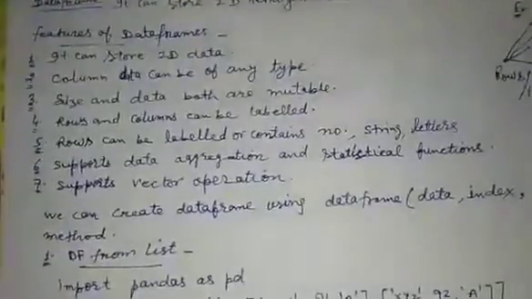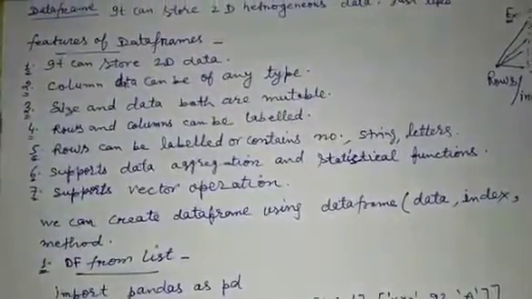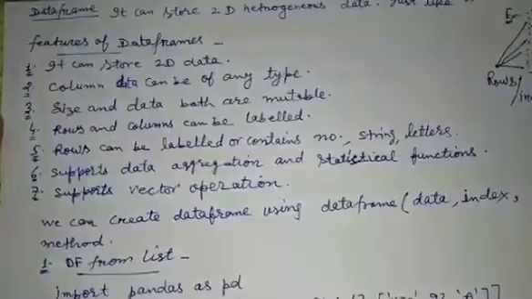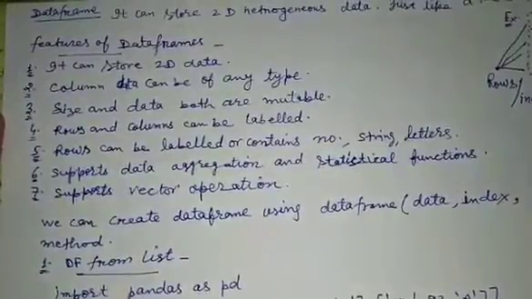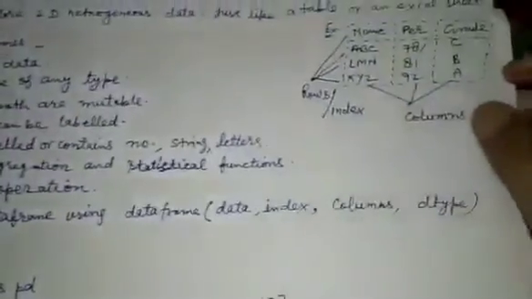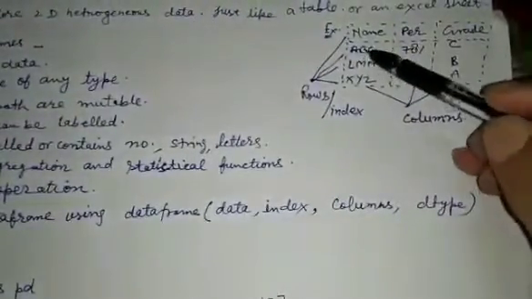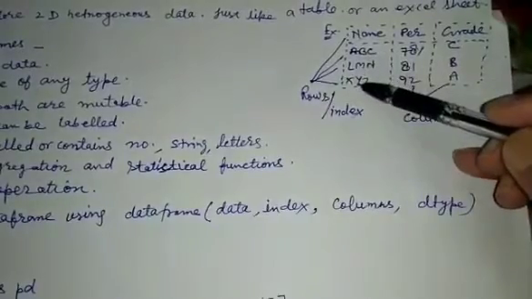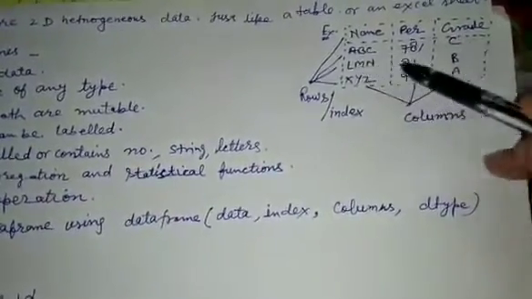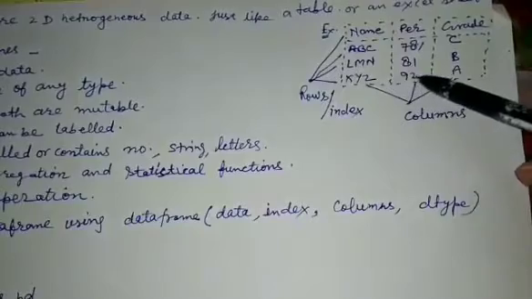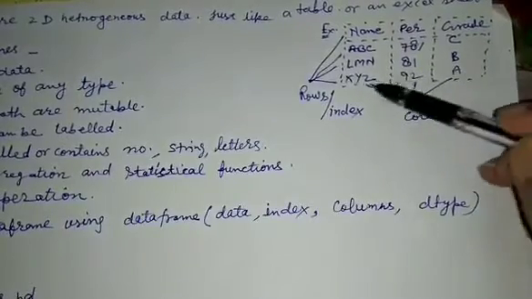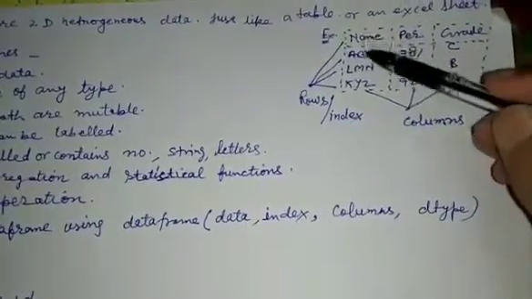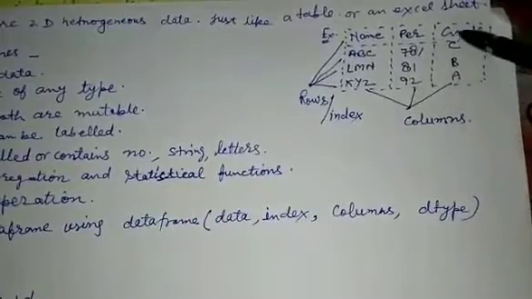Hello students, in today's class we will study how to create a two-dimensional structure called a data frame. A two-dimensional structure has rows, these horizontal groups of fields called records, and these vertical columns.